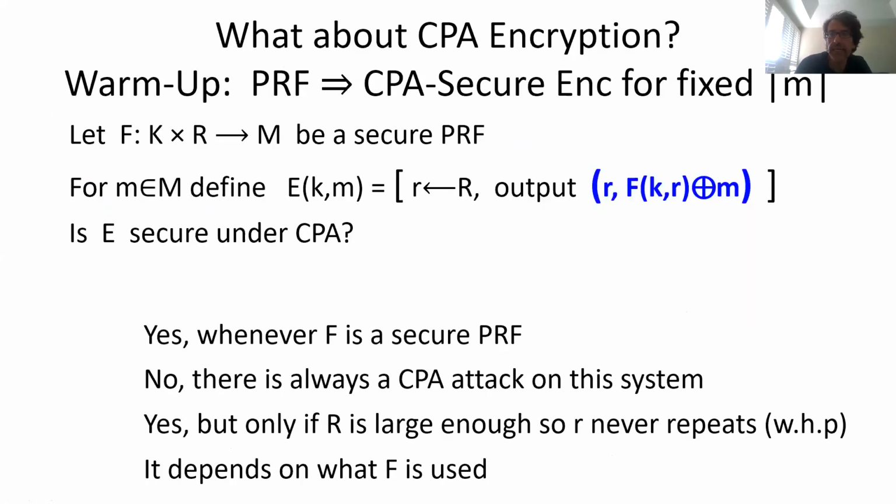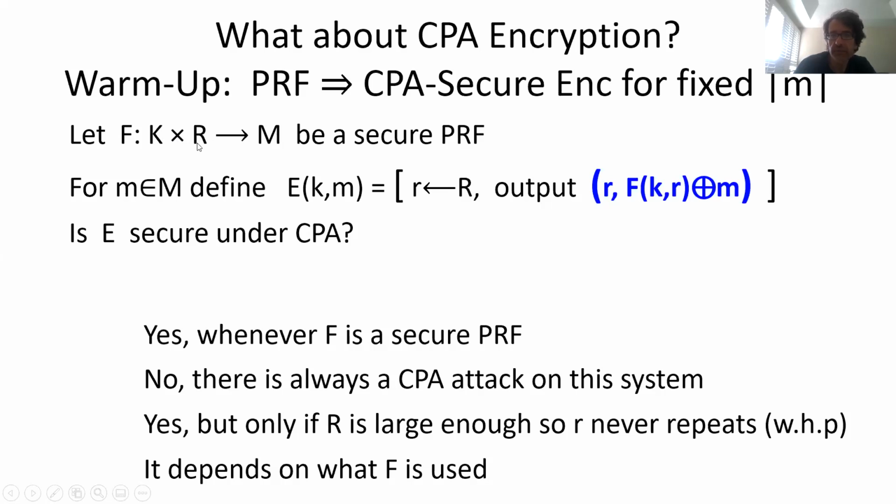So here is an example of a randomized encryption, which just takes this deterministic counter mode and twists it a very, very small amount. Let's consider a PRF. I'm going to now treat the input size of the PRF as the randomness domain of the encryption, and the output of the PRF will be the message space of the encryption. So if F is a block cipher, then R and M are the same spaces, right?